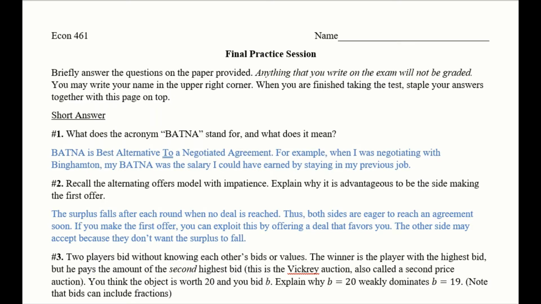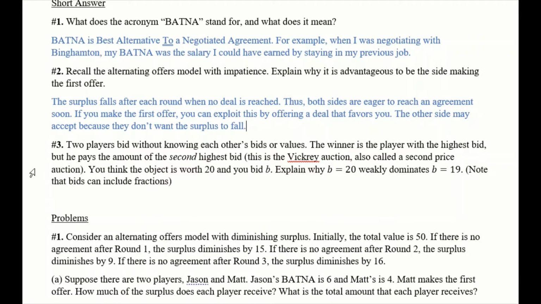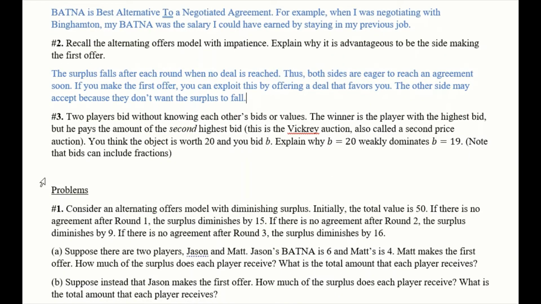We also saw some numerical examples of that in the bargaining chapter. So that wraps up number two.